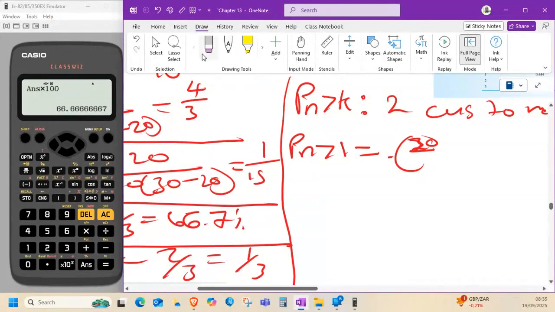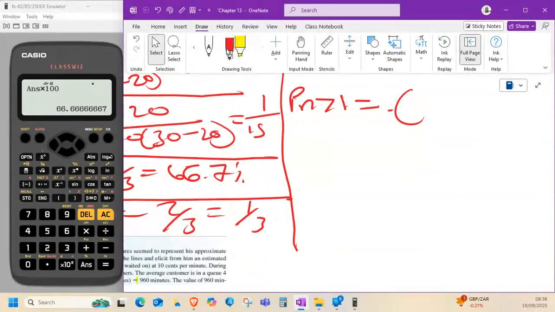20. Let me erase. Okay, something I don't like here. The eraser's too far. The pen must be next to the eraser. There's no way.